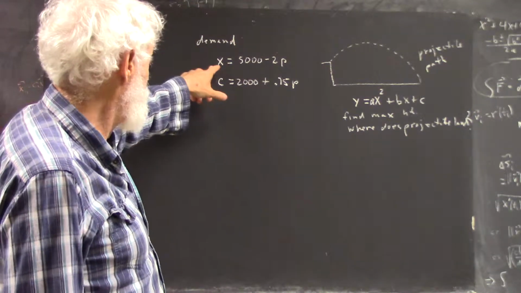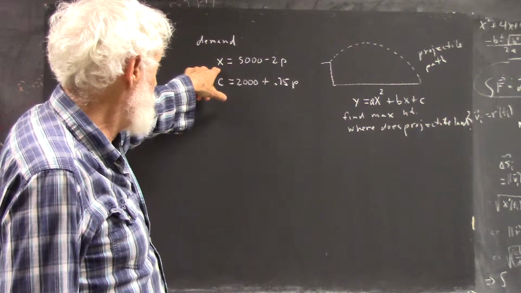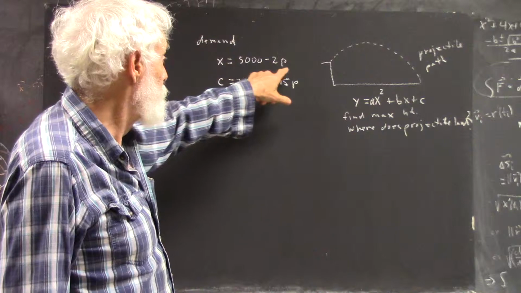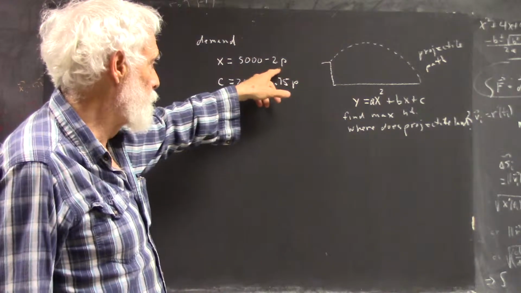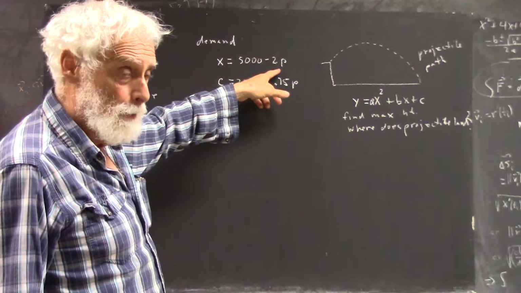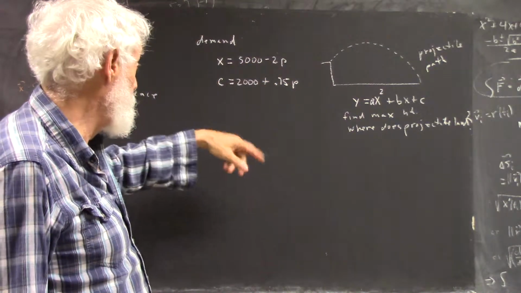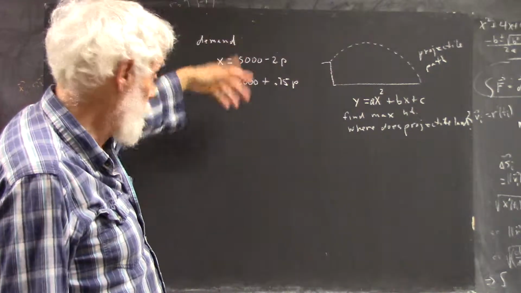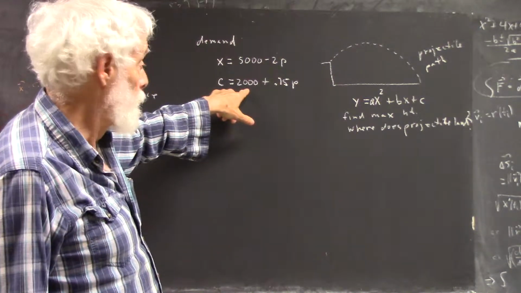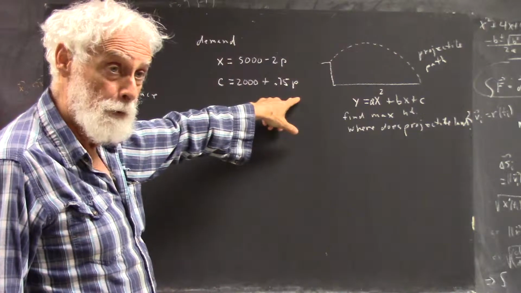Demand function: x is the number of things demanded, and x is 5,000 minus 2p, where p is the price. The higher the price you put on it, the fewer are going to be demanded. Cost of manufacturing x things, or buying them or whatever, is $2,000 plus 0.75x.